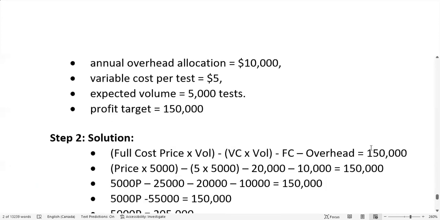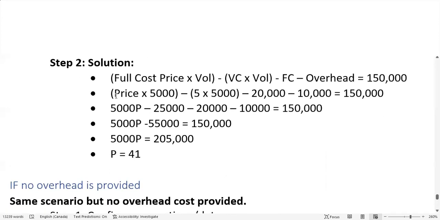So again, write everything down. It would be the exact same on the left-hand side, where you have 5,000 P minus 25,000 minus 20,000 minus 10,000. But here it's 150,000. Completing the formula, we end up with 5,000 P equals 205,000.